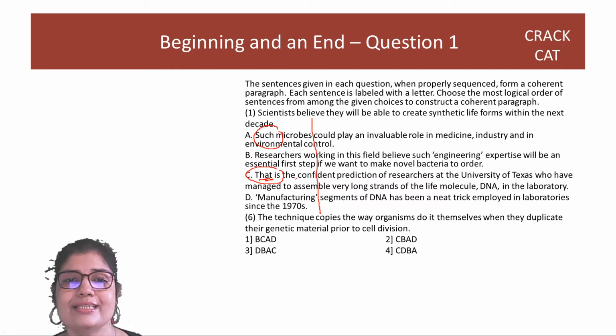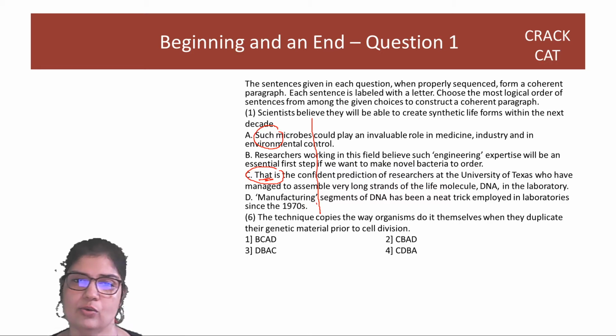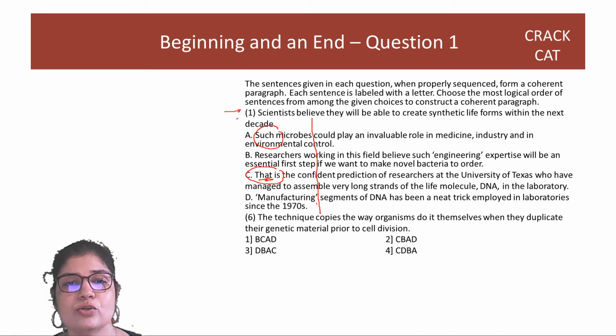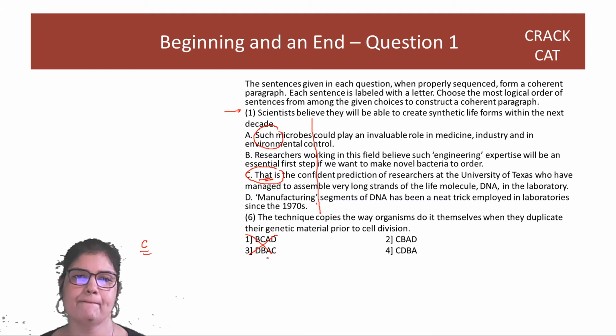So if I start with C, right, and I read कि where is a prediction made? Is this a prediction? No. Is this a prediction? No. Right? So this is the prediction. So you have to start with C. You have to start with C, which means you can eliminate these 2 options, right?